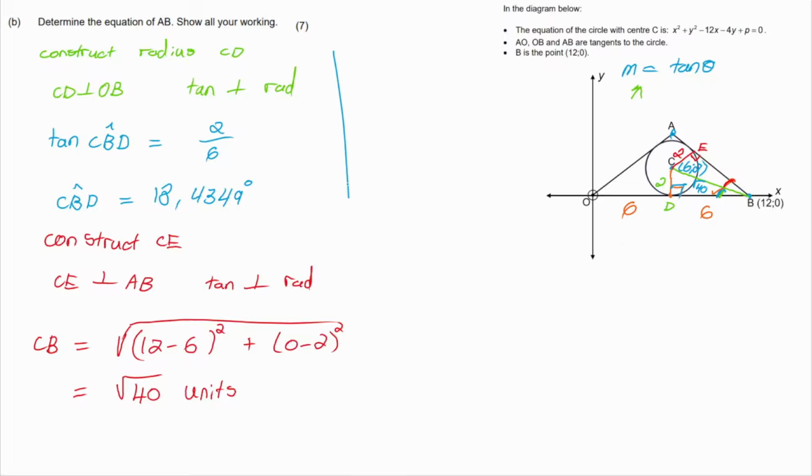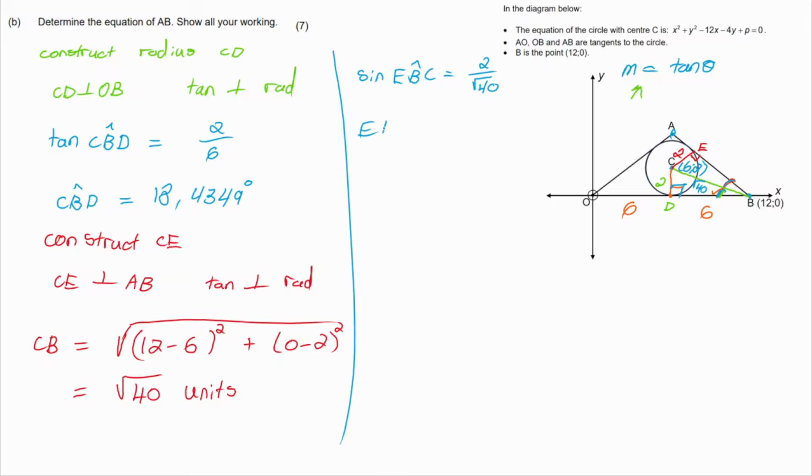Okay, so let's work up here now. I need to find this angle over here, which is angle EBC. The ratio I'm going to use is I have my opposite and my hypotenuse, so that's obviously sine. So sine of angle EBC is equal to my opposite 2 over my hypotenuse square root 40.